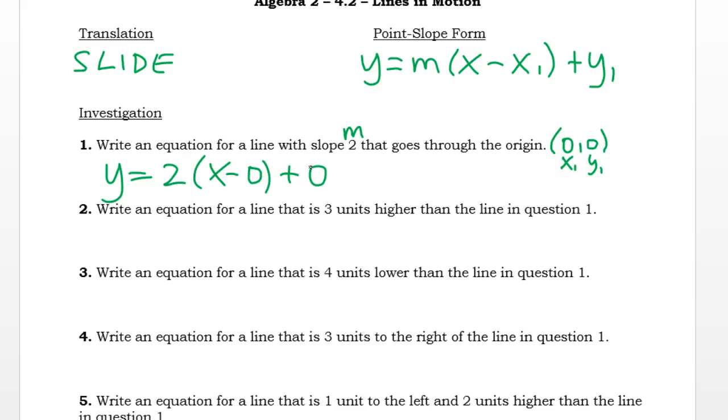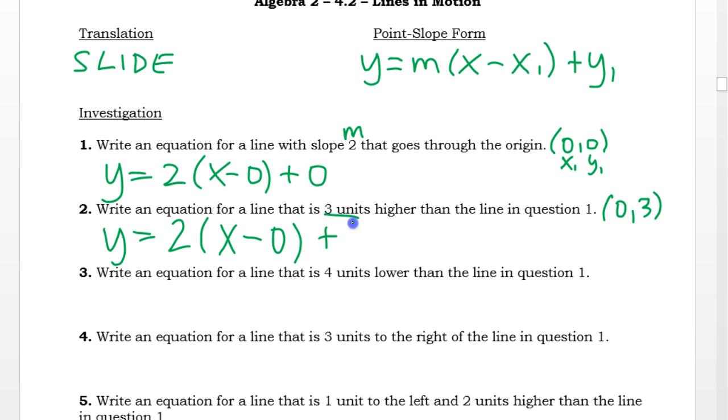So in number 2 we're going to keep the exact same slope, but instead of going through the origin, we're going to go through a point 3 units higher than the origin. So that would be the point 0, 3. So it's still x minus 0, but now it's 3 units up. The third one, same slope, we're going to go through a point 4 units lower than the origin.